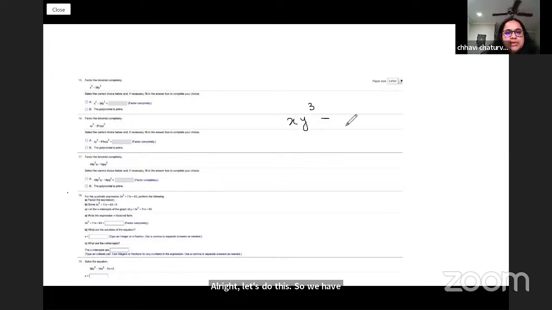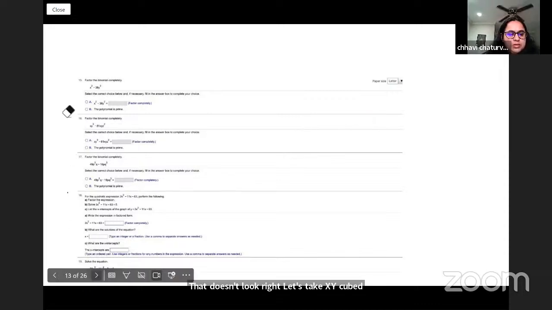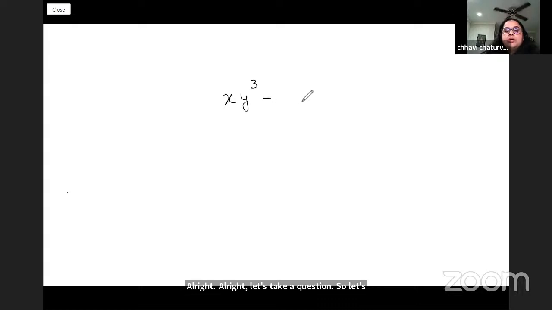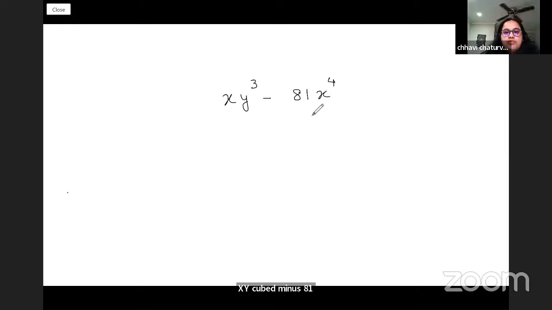Let's take xy cubed minus 81x to the power of 4.